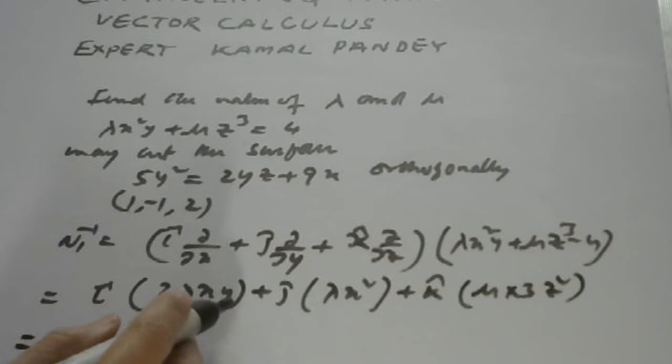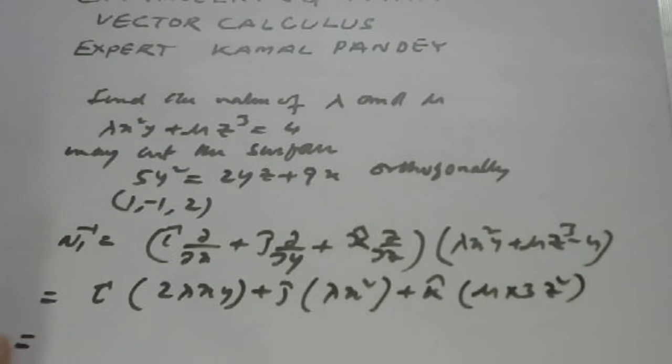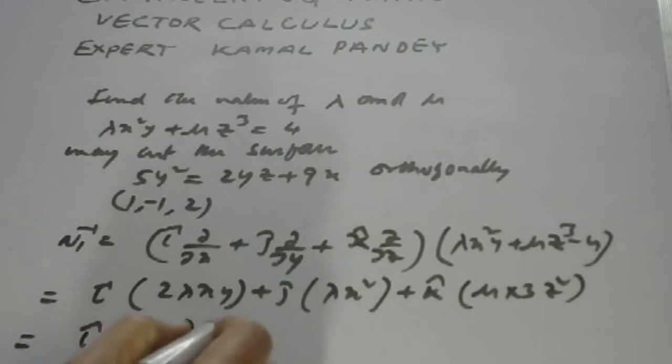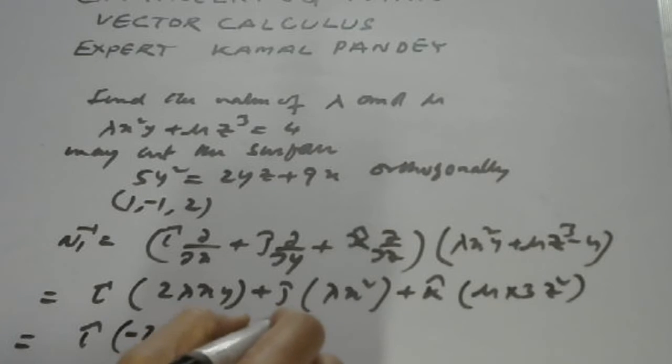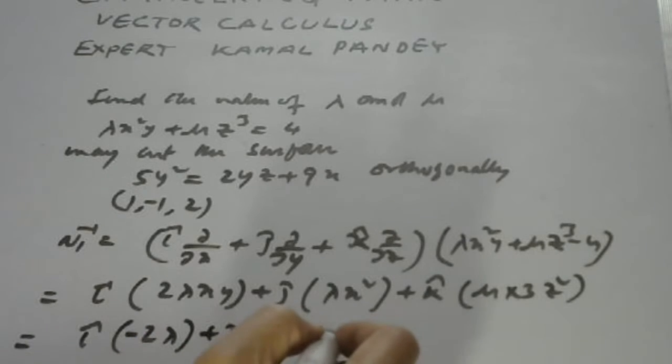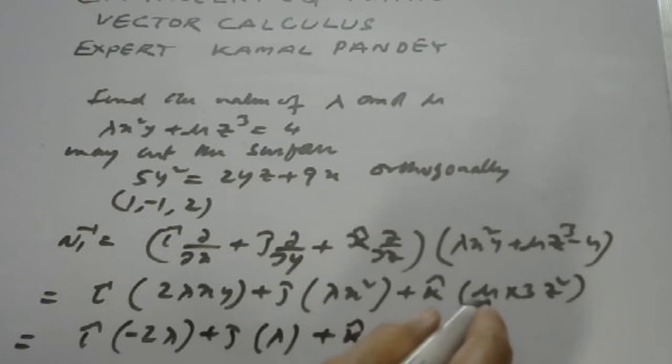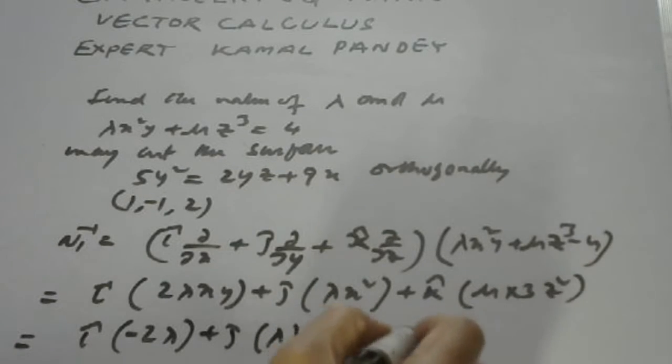Now we substitute the value of x, y, z here. The n1 vector becomes, substituting the values, i cap into 2 lambda into minus 1, the value of x is 1, y is minus 1, plus j cap into lambda, plus k cap into mu, this is 3 into 4, and this is 12.